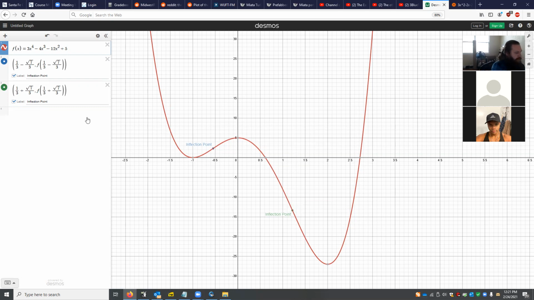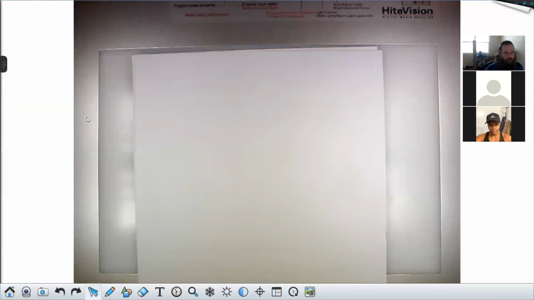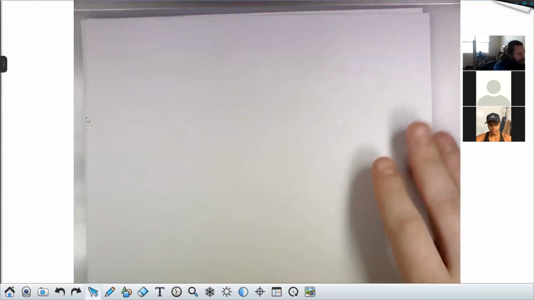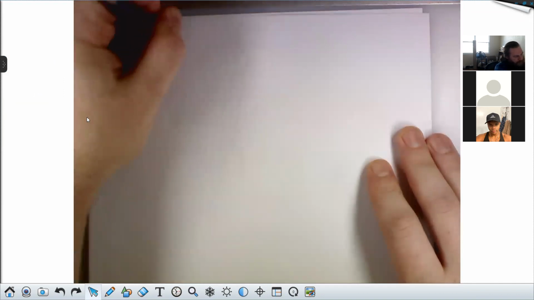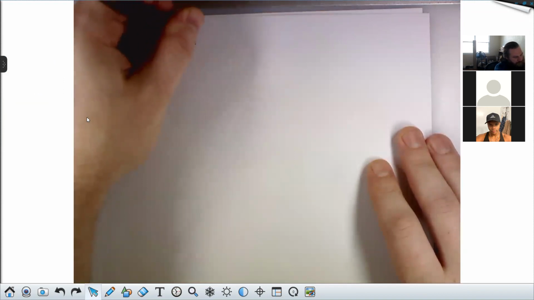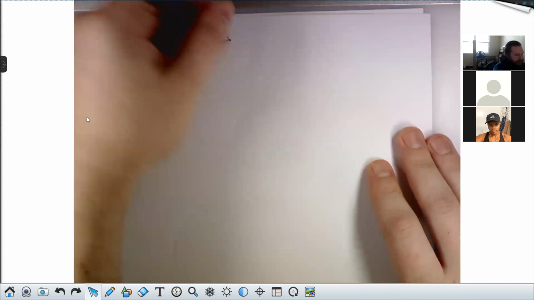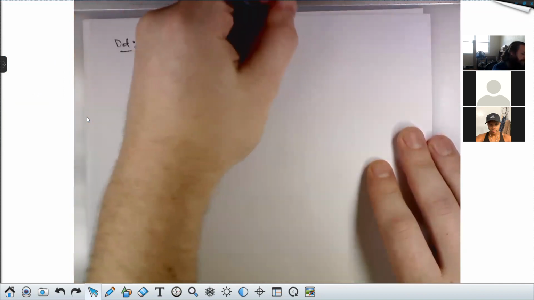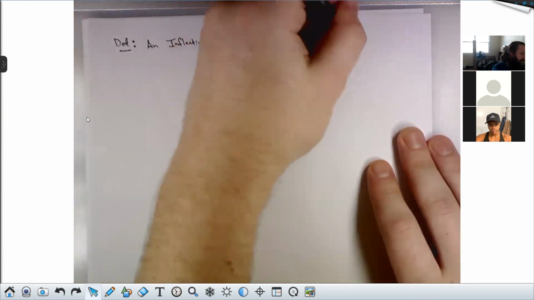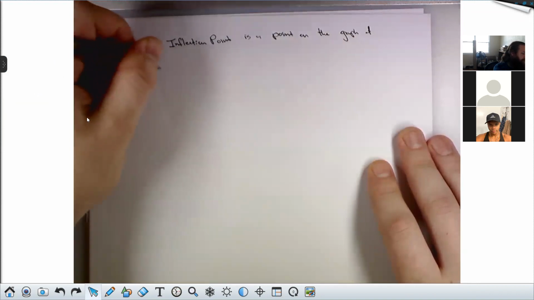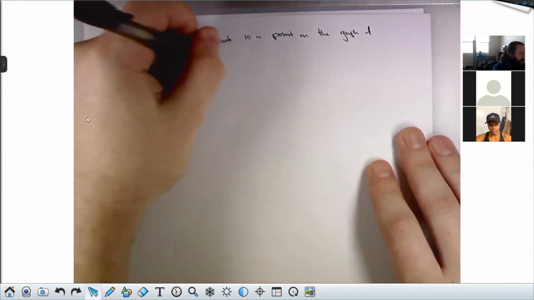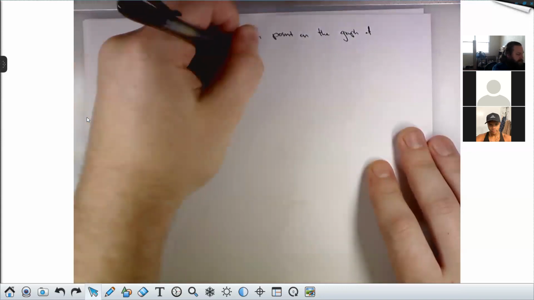The last thing I'm going to do for you today, and then I will let you go, is define an inflection point and tell you how to find them. They come together. The definition tells you how to find it. An inflection point is a point on the graph of f of x where the concavity changes.